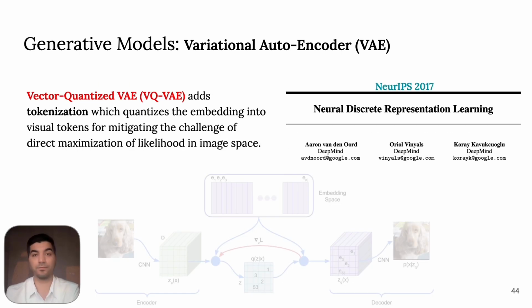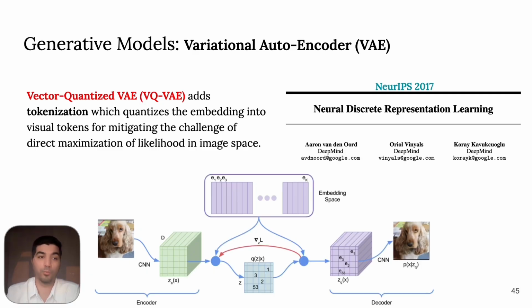And finally, a very popular version of variational autoencoder, which is used in most recent powerful image generation models, is the vector quantized variational autoencoder, introduced in this NeurIPS 2017 paper by the DeepMind group. What they do is add a visual tokenizer, which quantizes the embeddings into visual tokens.